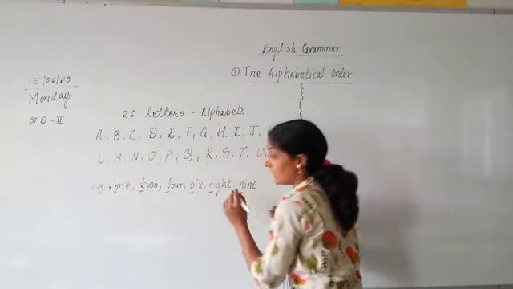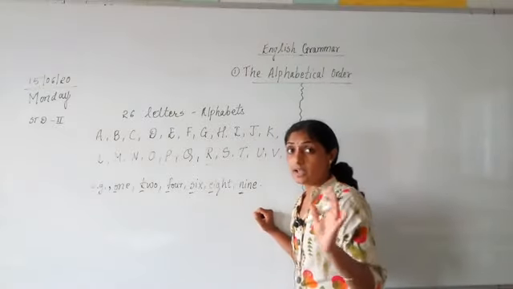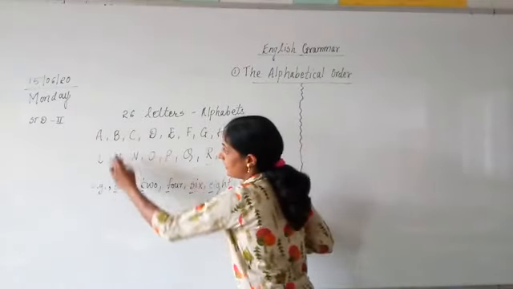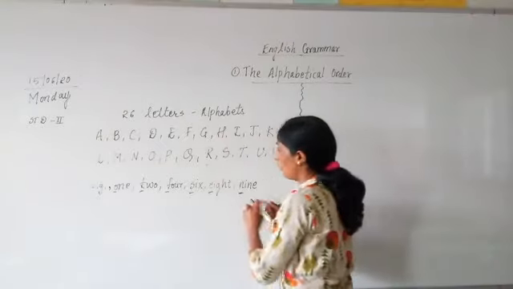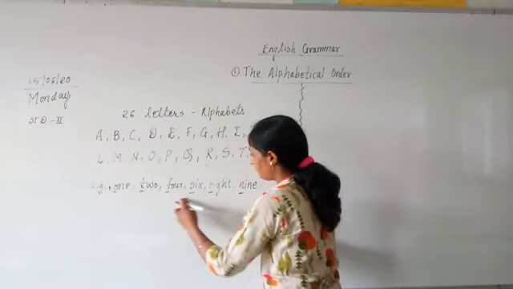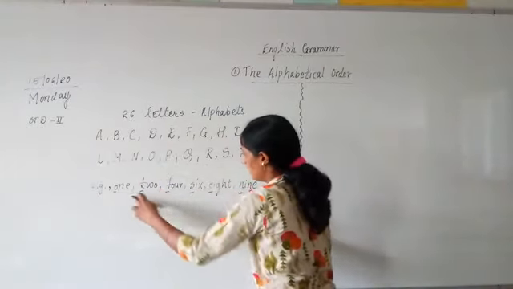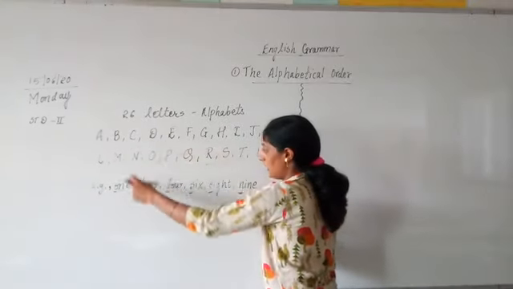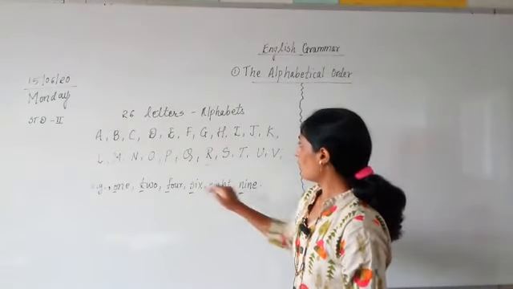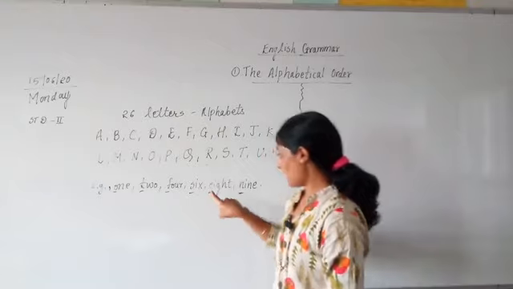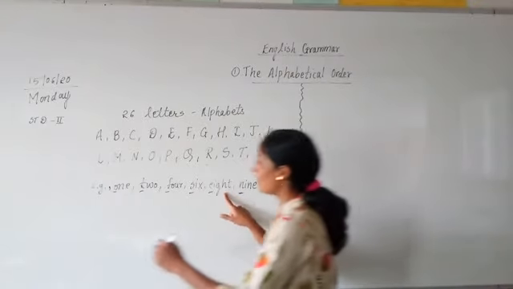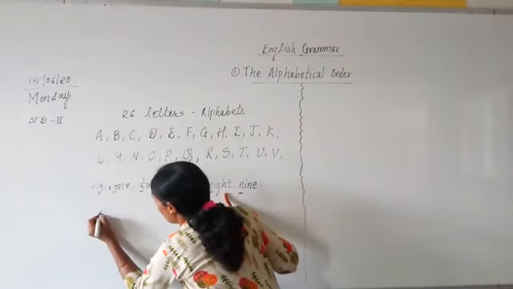You don't have to see any other letter, only the first one. Is A there anywhere? No. B is there? No. C? No. D? No. E is there? Yes. 8. So our answer, the first one, will be 8.